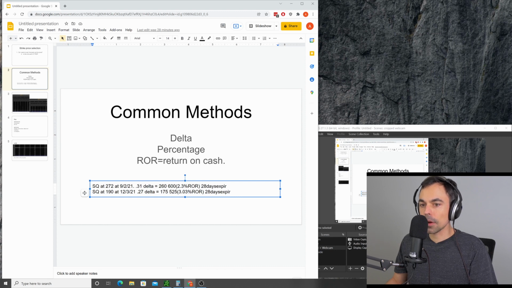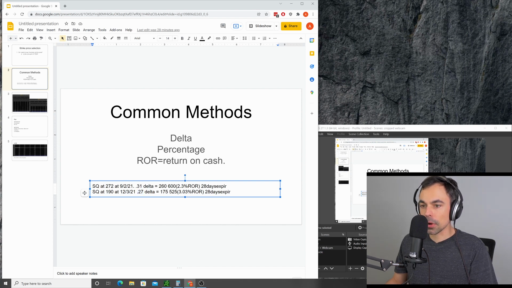Now, if you were to sell essentially the same delta when the implied volatility was different, so if you were to sell it December 3rd, at 0.27, this is the closest to 30 delta at the time.